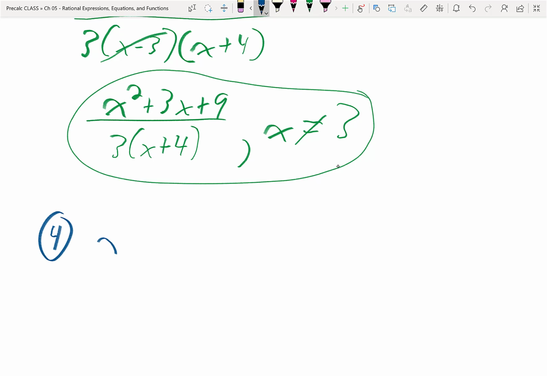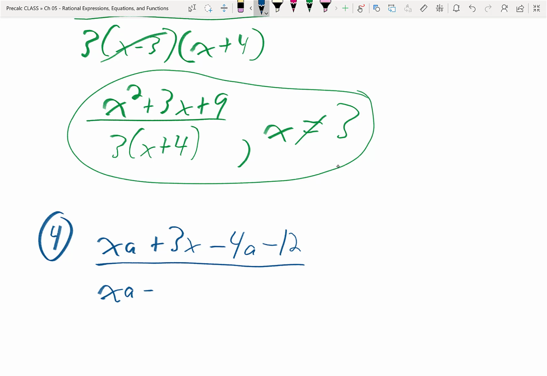Okay. Number 4, xa plus 3x minus 4a minus 12 over xa minus 2a plus 3x minus 6.